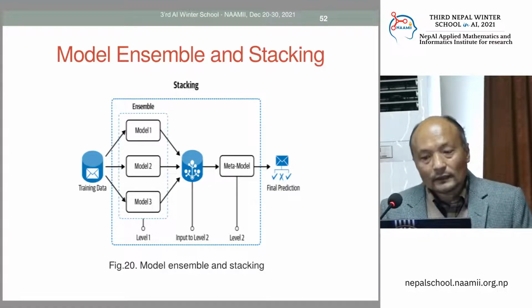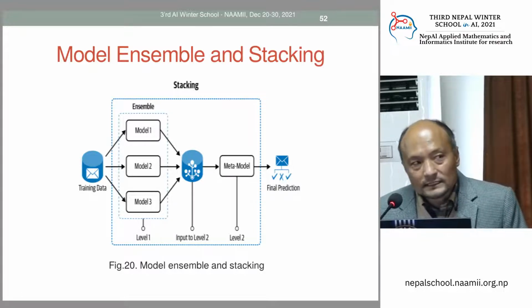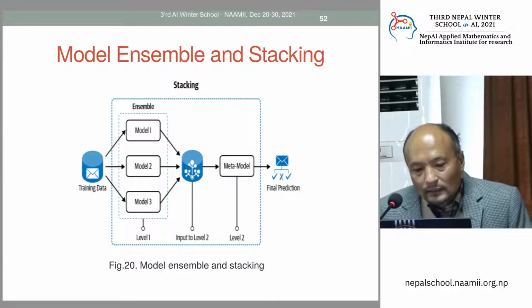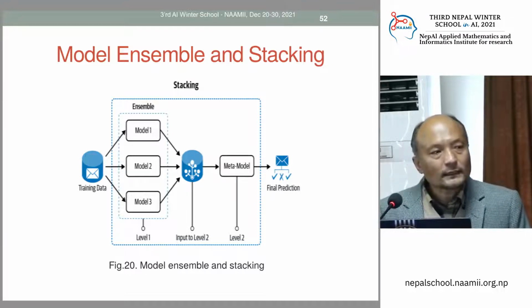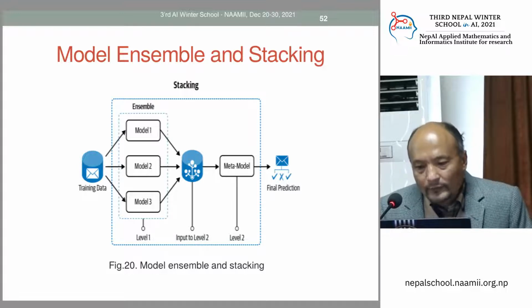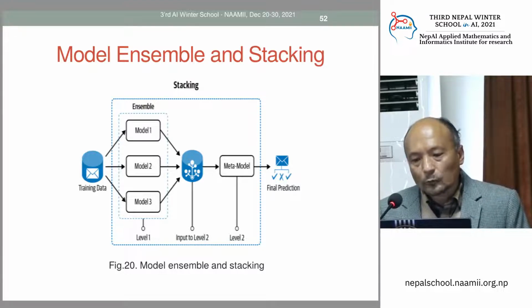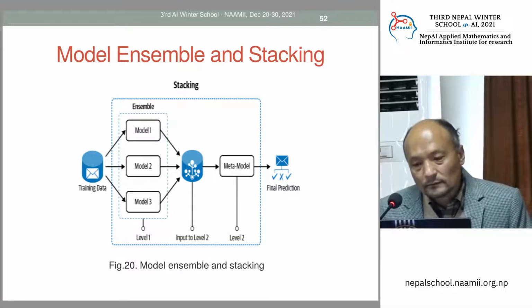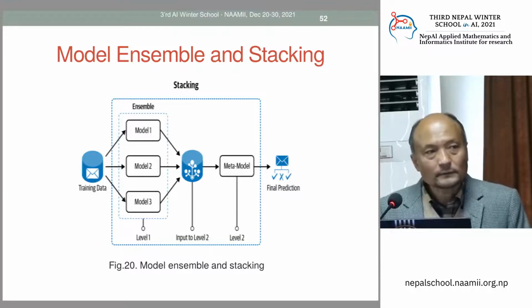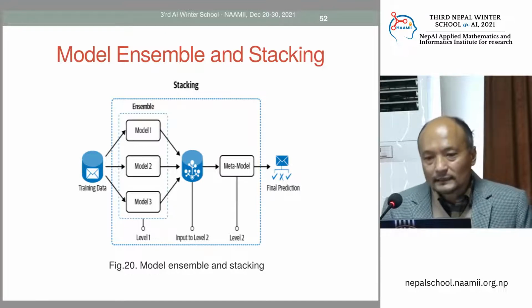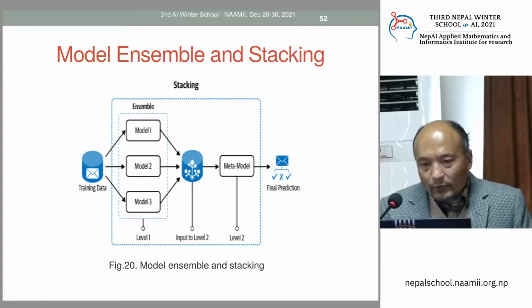So the input of the meta model is necessarily the ensemble of these level 1 models, and we have the final output as the final prediction, whether that's spam or ham. Okay? So model ensemble and stacking, that's one way of doing things.